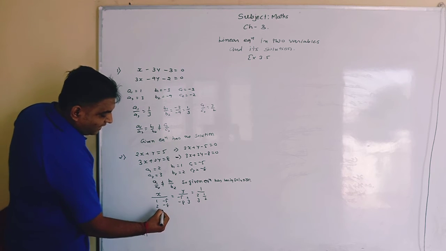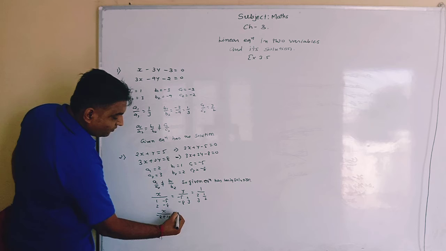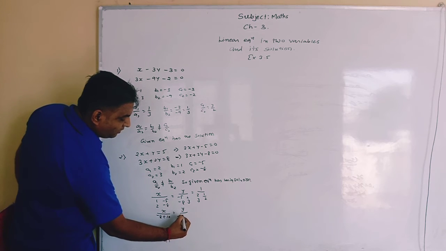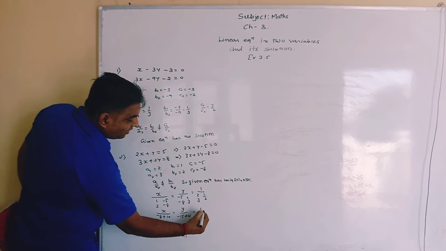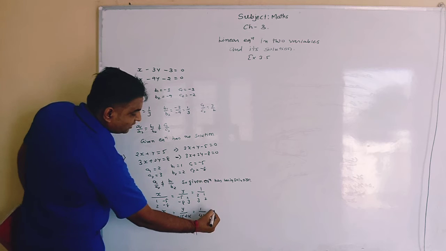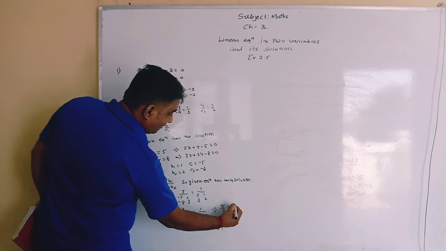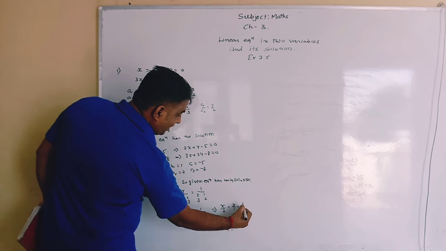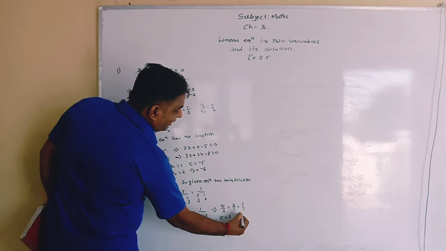So that can be written as x upon minus 8 minus minus 10, so it is plus 10, y upon minus 15 minus minus 16, so plus 16, and 1 upon 4 minus 3. So that can be written as x by 2, y by 1, 1 by 1, and therefore x equals 2, y equals 1.